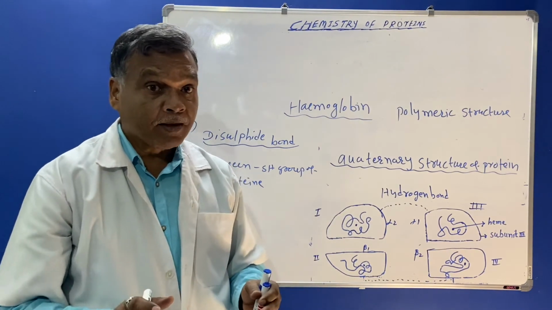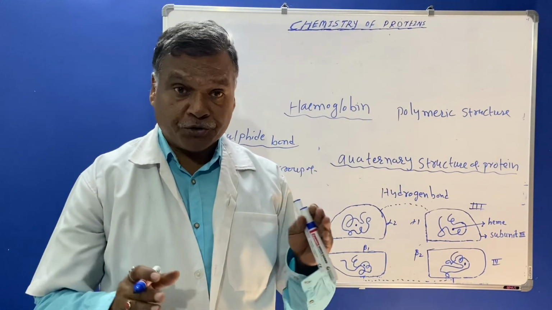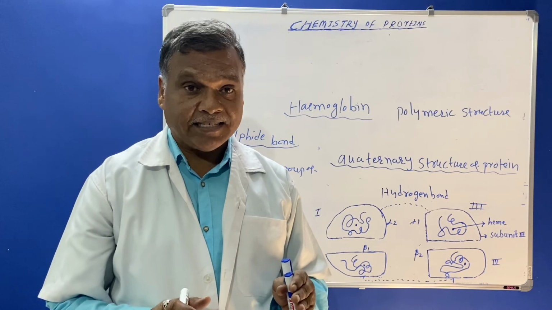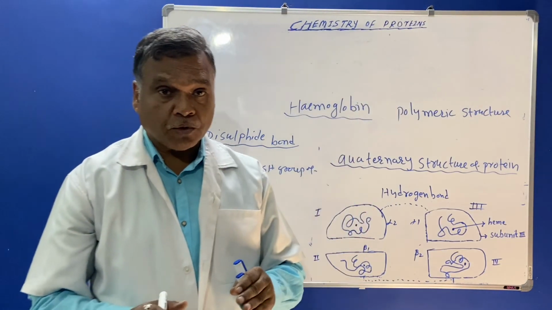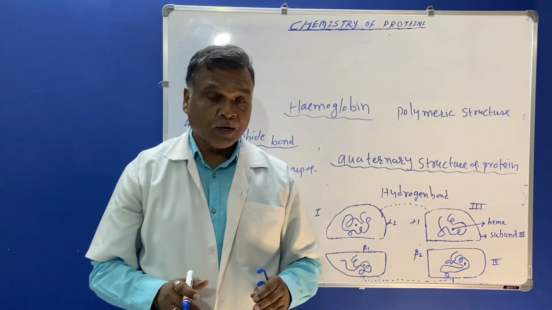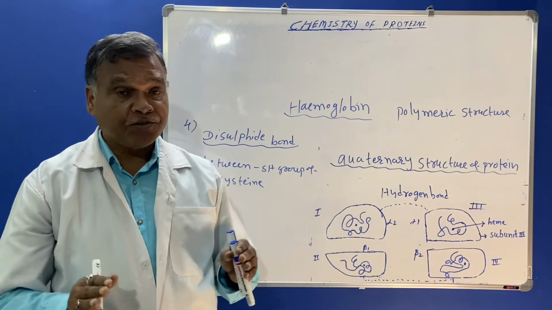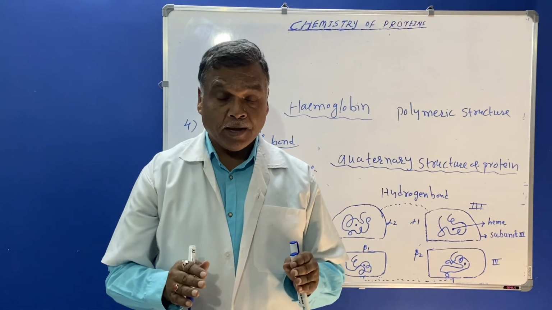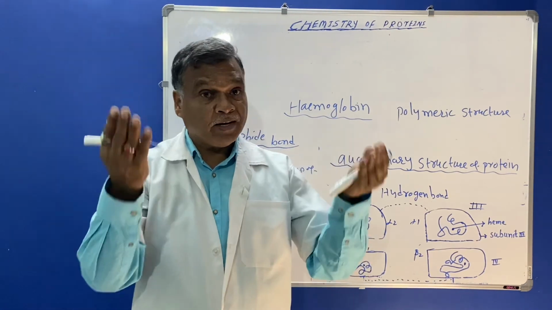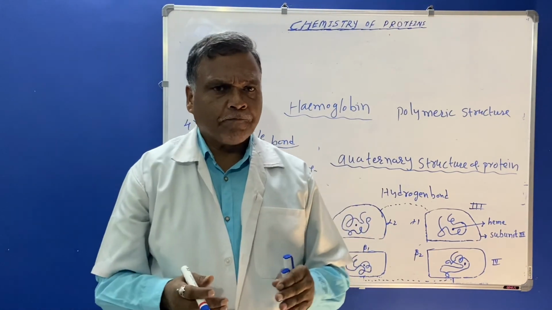So friends, this is the answer for you. If a short note is asked in the examination, write a short note on tertiary structure and quaternary structure. It also becomes necessary to read books, and which books you have to read, I will cover in another lecture.